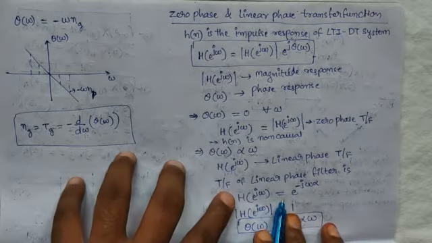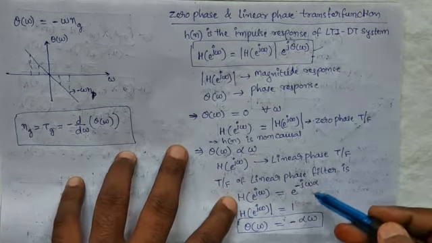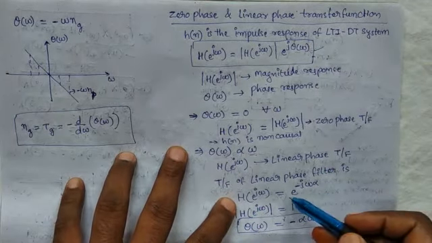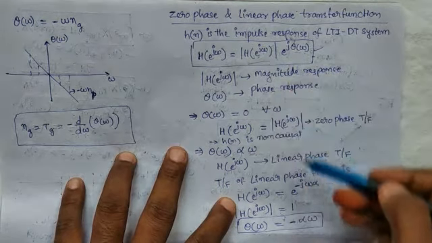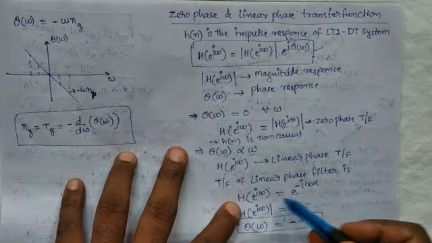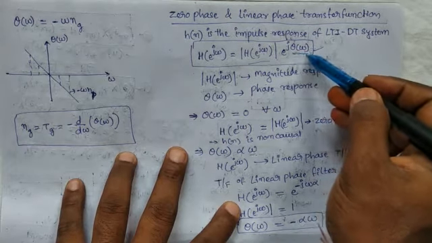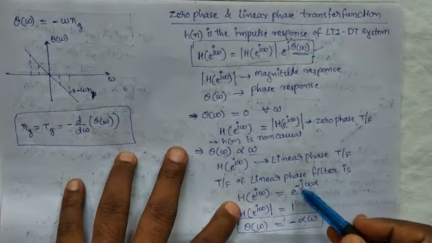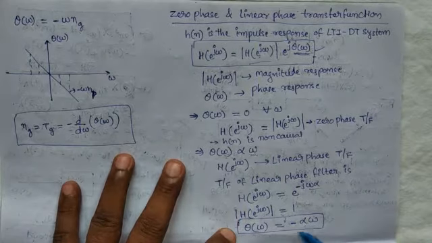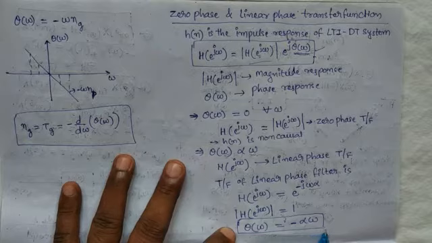Comparing with this equation, the magnitude of h of e power j omega is equal to 1. The phase angle of h of e power j omega, which is theta of omega, is equal to minus alpha of omega.